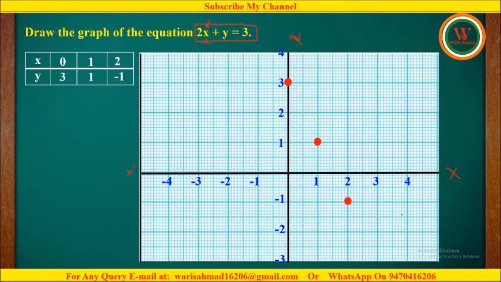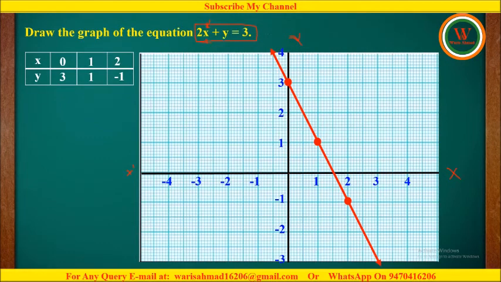After plotting all 3 points, we have to draw a straight line passing through these 3 points. So we can draw the line like this. This is the final solution of this question. If we draw the 3 points, then we will be able to decide whether the graph is correct or incorrect, because if we are taking 3 points, then the line must be straight.